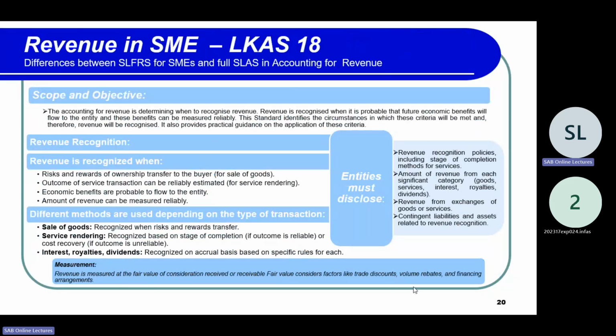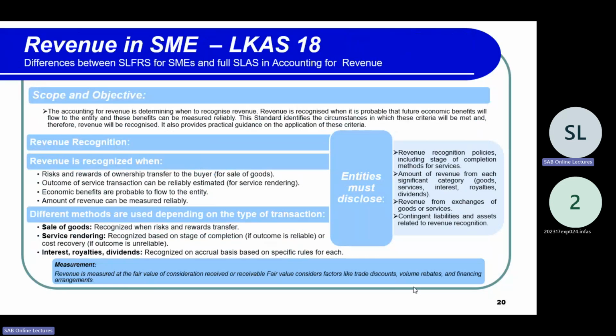Revenue is essentially income. The scope of this standard is that revenue is recognized when there is a probable future economic benefit flowing to the entity. This benefit can be measured reliably, and the standard identifies the circumstances in which these criteria will be met and revenue will be recognized.